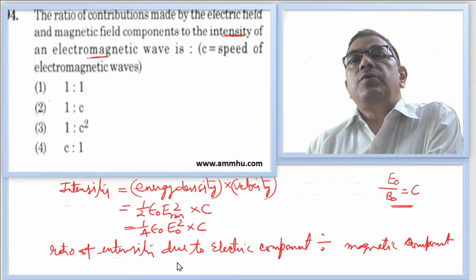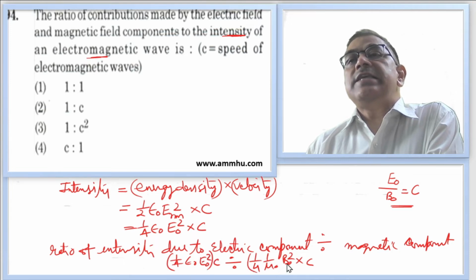And this value on the left hand side is 1 by 4 epsilon naught E naught square into C, and this value is 1 by 4, and this term will be replaced by 1 by mu naught B naught square into C. Is that right? But these two terms, these energy densities, are equal, and C is always equal. So the expected answer is 1:1.